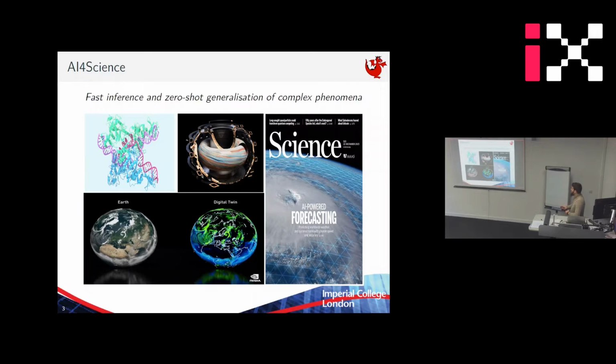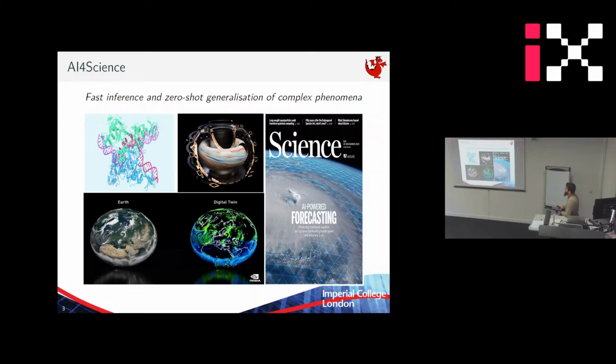And then there's also been an equivalent from NVIDIA with the ForecastNet, which relies on Fourier neural operators. So we'll talk a little bit about neural operators as well. So there's a lot of work towards this, and the high-level idea and main objective behind all those works is the hope of having fast inference, so running a machine learning model that can be faster than what you would get with traditional approaches that rely mostly on PDE solvers, and the hope of having zero-shot generalization.